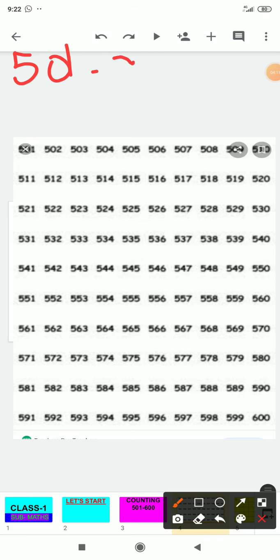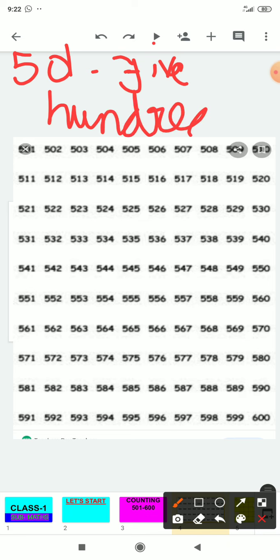You should write the name of this number in front of the line, that is 500 ones. This is your work also that you have to do in your maths fair notebook. When you start counting, the number names should come in the lines.